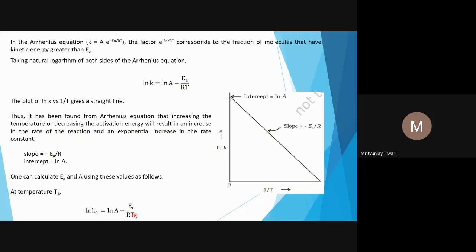So ln K1 is equal to ln A minus EA by RT1, and suppose at temperature T2 the rate constant becomes K2, so one can write ln K2 is equal to ln A minus EA by RT2.